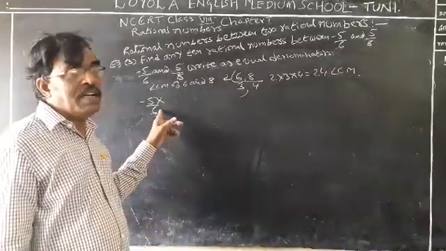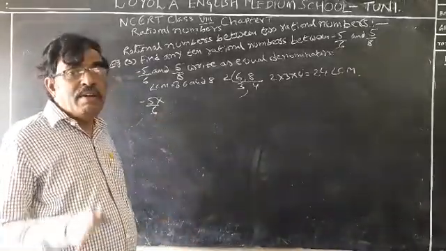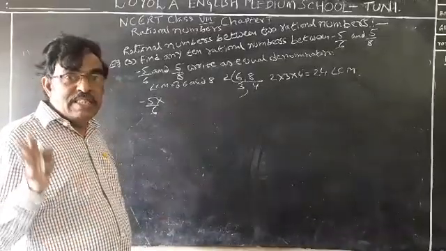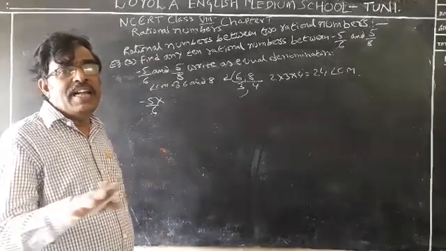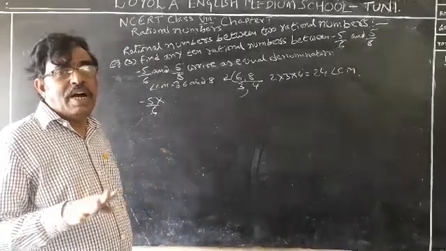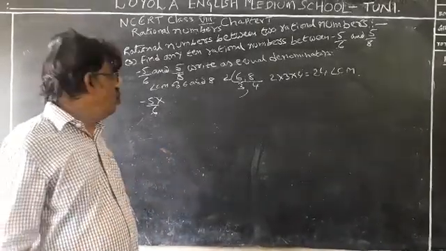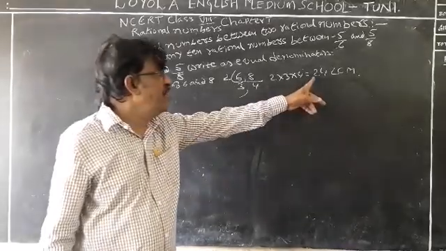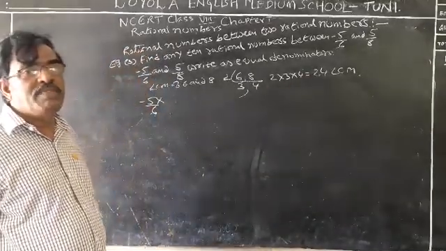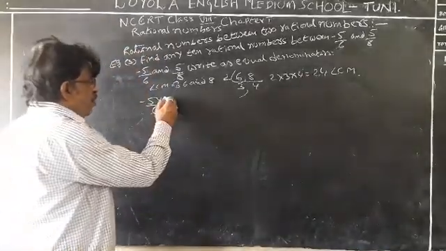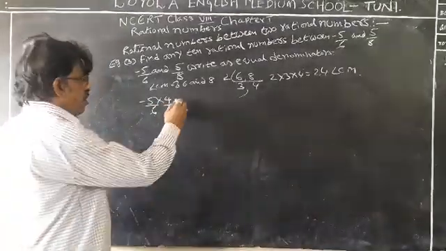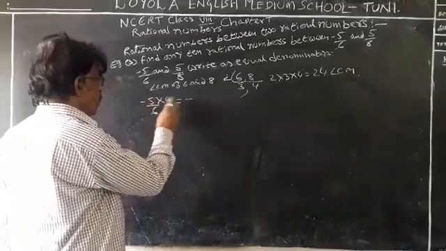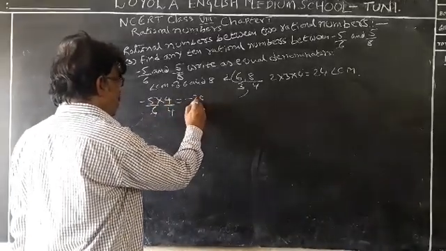When we multiply the denominator by some number, we have to multiply the numerator by the same number, then only the value remains the same. Are you following? So this is the rule. Here 6 fours are 24, hence multiply both numerator and denominator by 4. Minus 5 fours are 20 by 24.